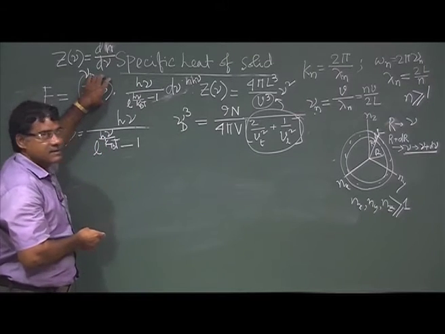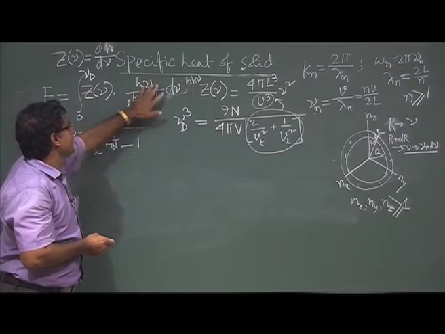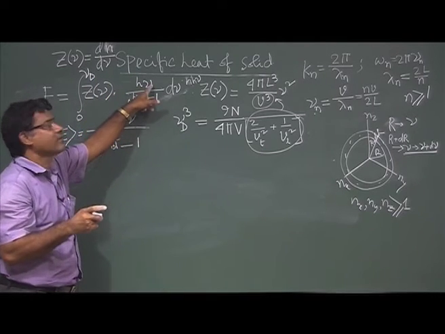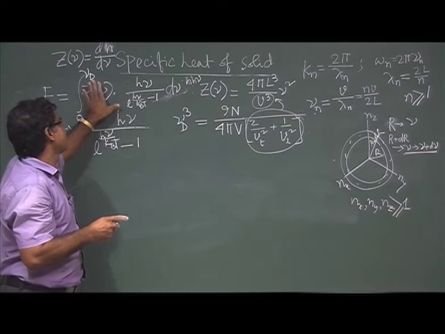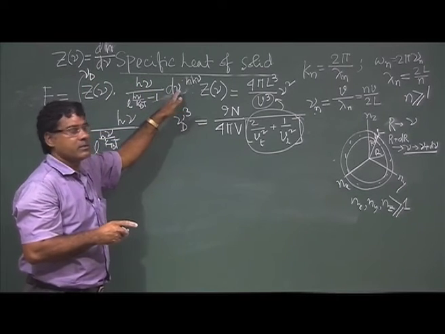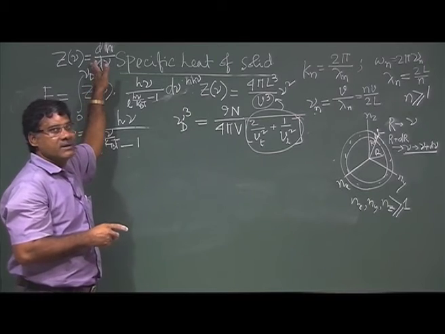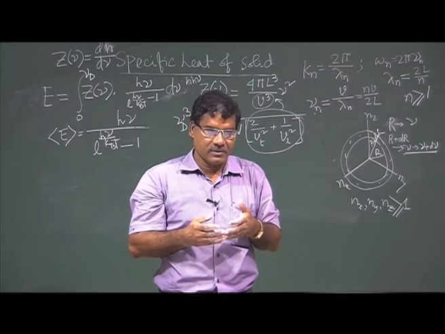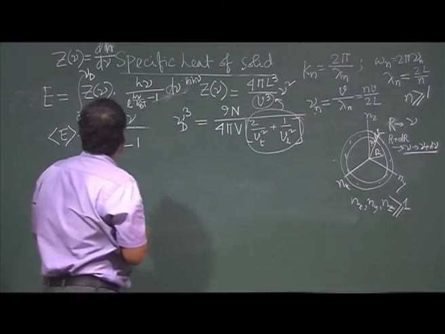That will be the average energy for that mode. Now if I vary nu from 0 to nu_D, that will be the total energy of the system, which I have to calculate.